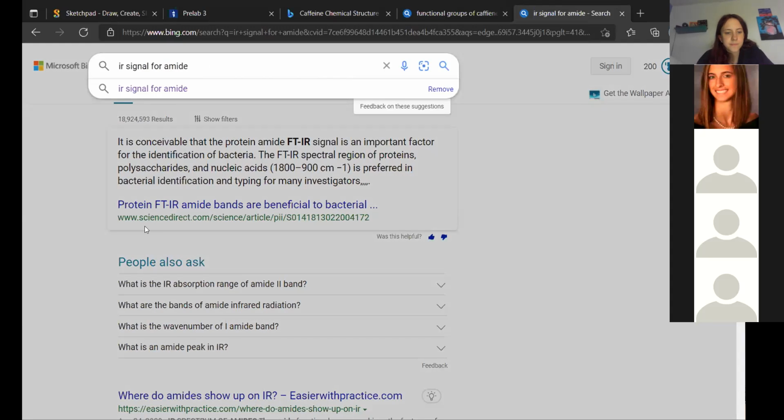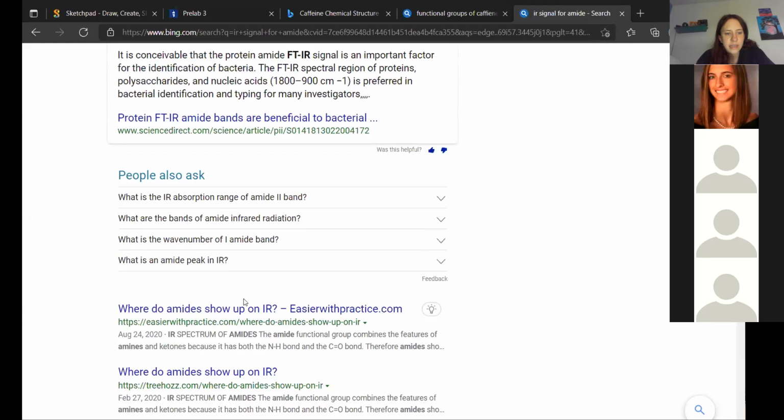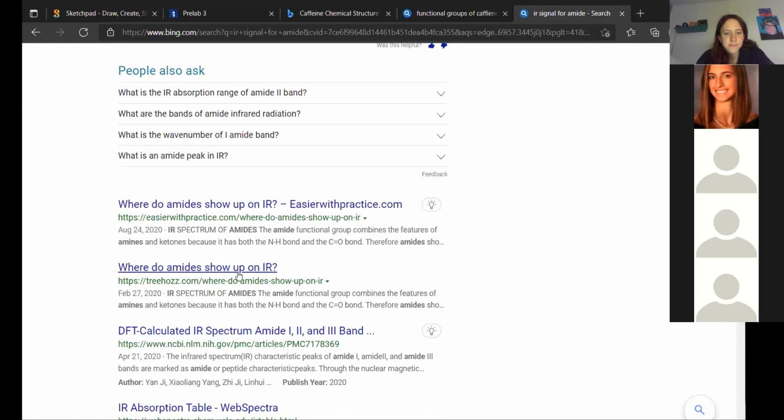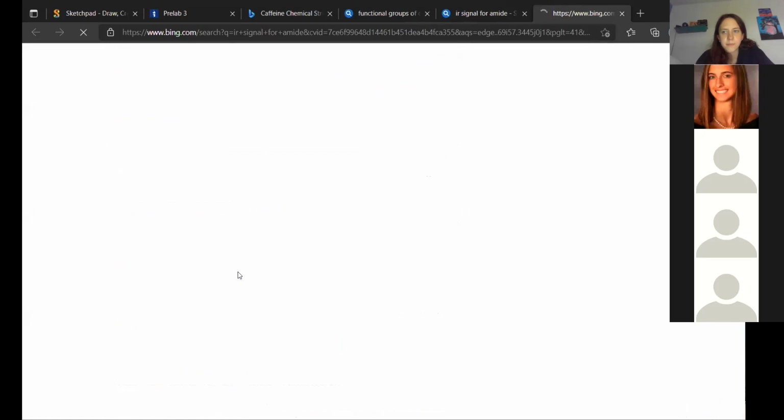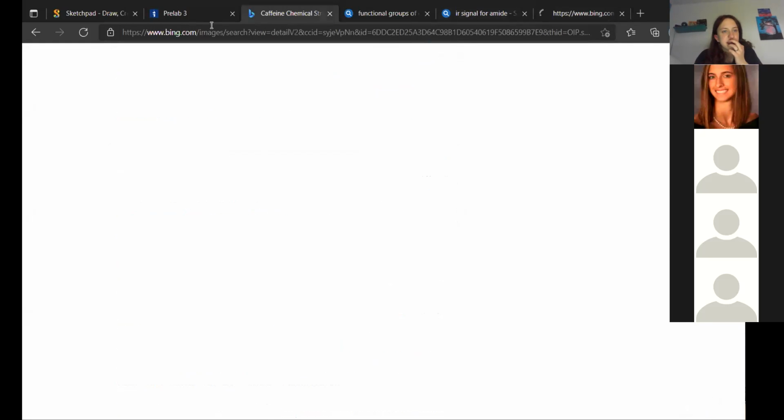Some of these are a little crazy, but you can even just look up a basic website and it should give you a reading. How you would write it is basically that range. It's going to be a number range, usually in the thousands.